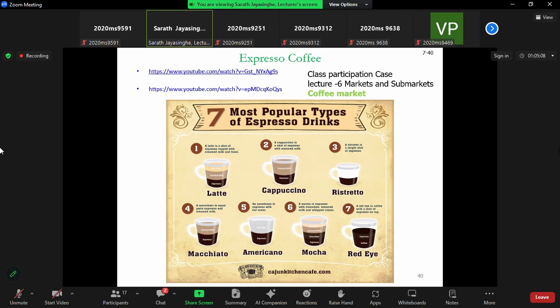There are different types of things, right? So that's what I am trying to do. Now, these are coffee types, right? Different types. So these are different types coming under espresso. What is this espresso?